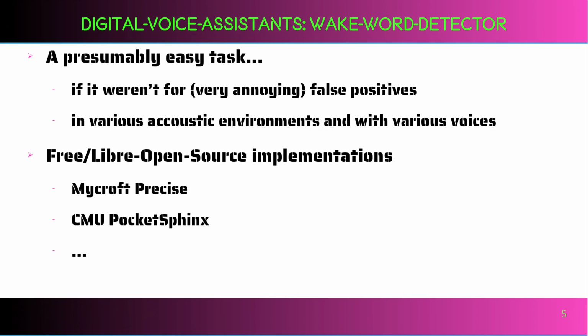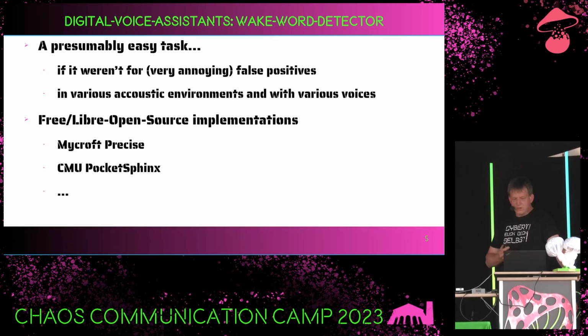And of course the environment is, you know, as it is. I don't know how it'll behave in here. Haven't tested it, so we'll see. And of course everybody has a different voice, so that task isn't really that easy.